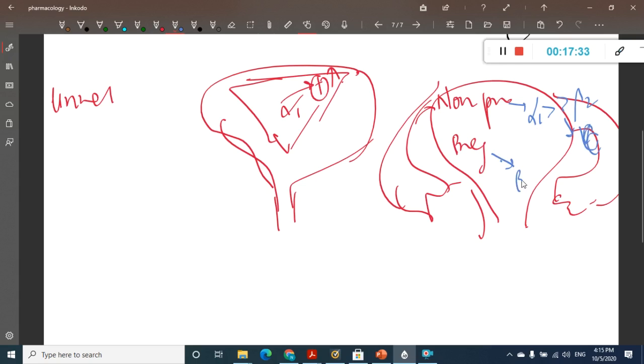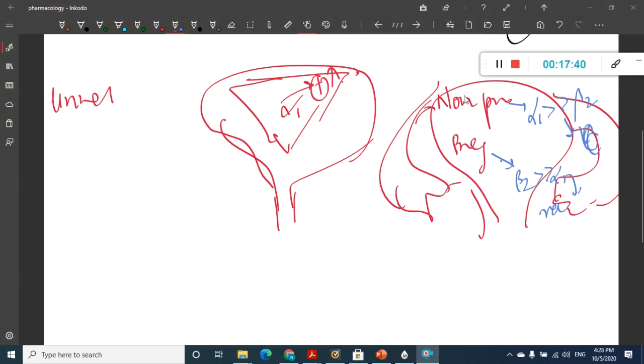In pregnant women, beta 2 action is more than alpha 1, so there is relaxation.